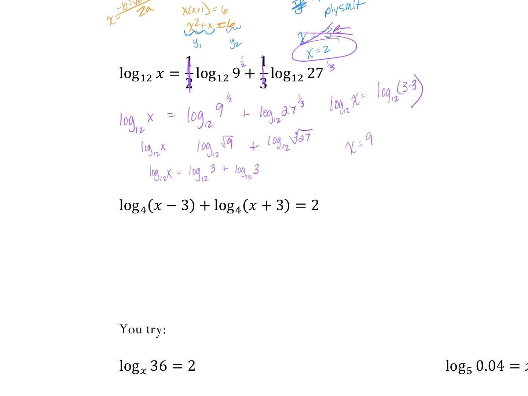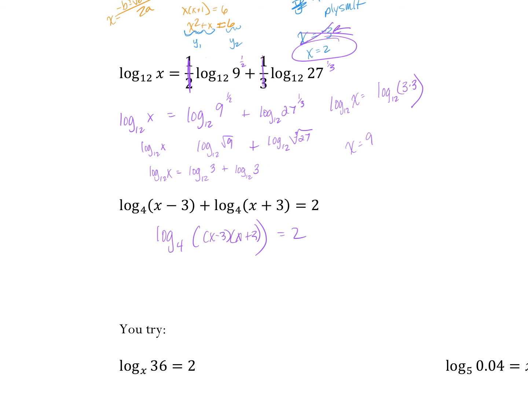How do I do this? Yeah. Condense. You guys cool if I call this log base 4 of (x minus 3)(x plus 3) equals 2? Good so far?